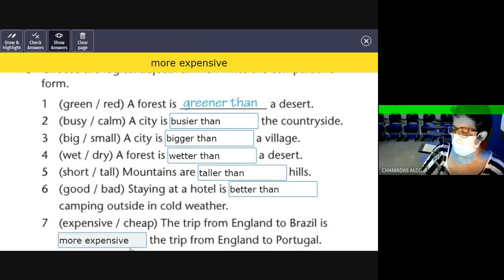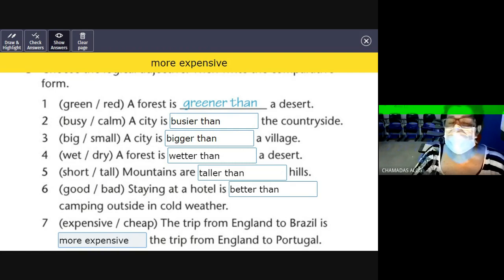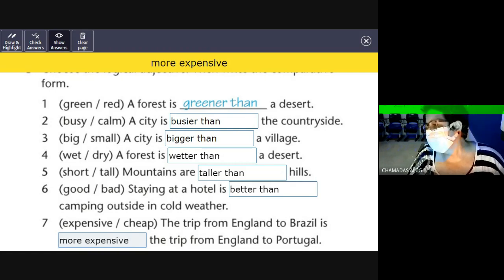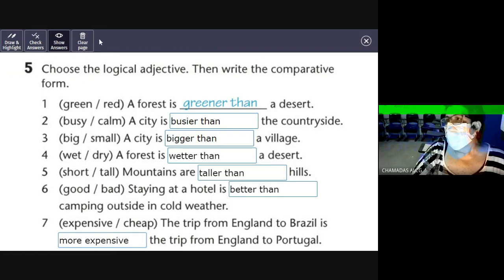It's the same. You have to put more expensive than. Here, they're just putting more expensive. But you have to put more expensive than. Okay, guys. All right. So everything correct.